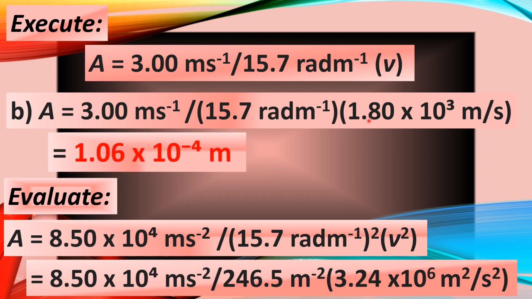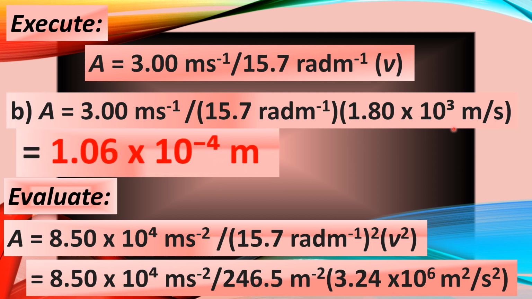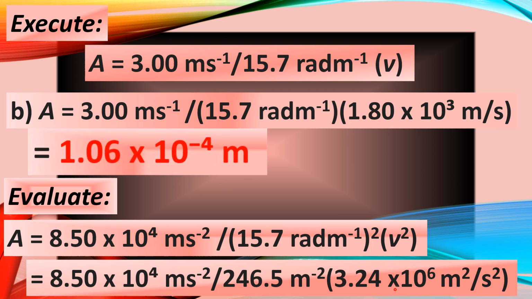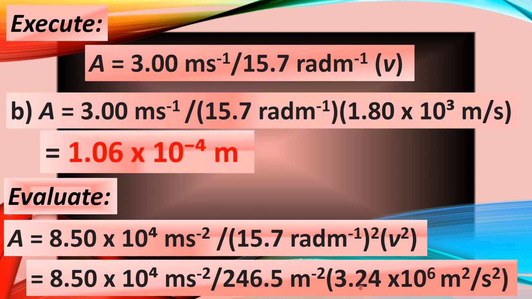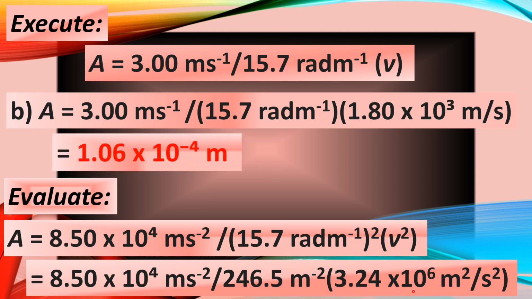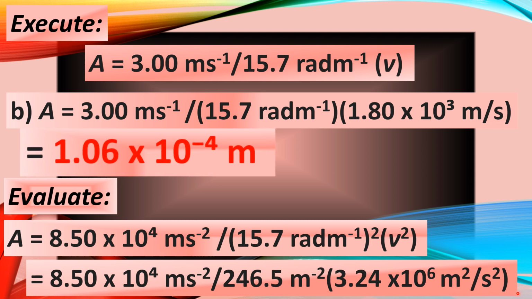The square of 1.80 times 10 to the third power meter per second is of course 3.24 times 10 to the 6th power meter squared per second squared.